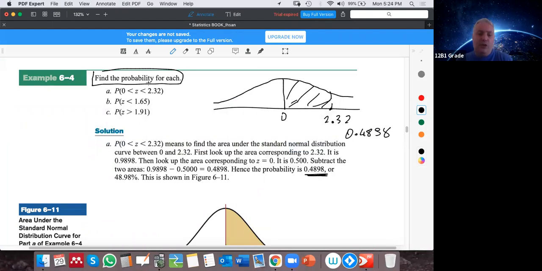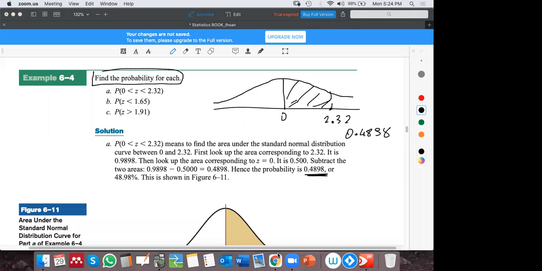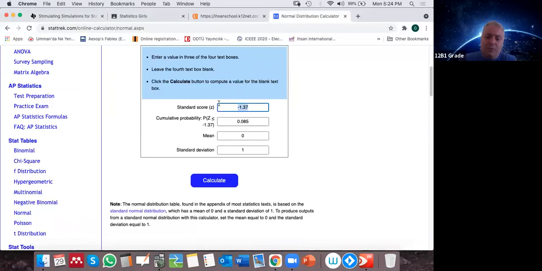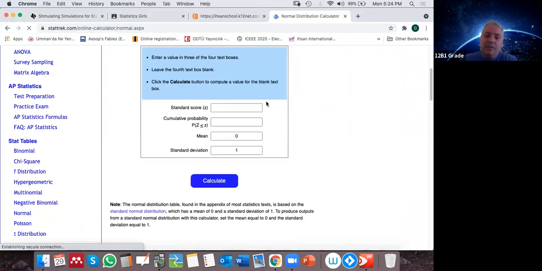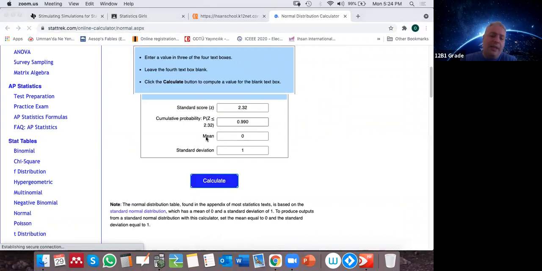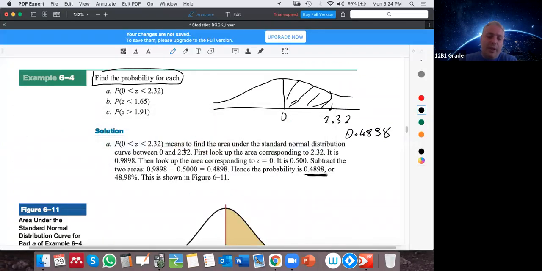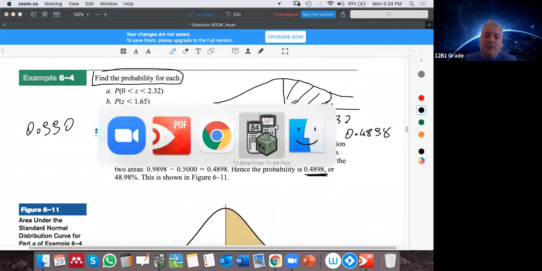So what can you do? Take the online tool, 2.32, same thing. There is no problem. 2.32, and then calculate, let us refresh again. 2.32, and when you calculate, it is 0.990. And then what about 0?